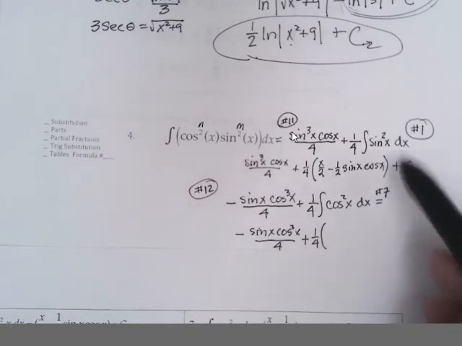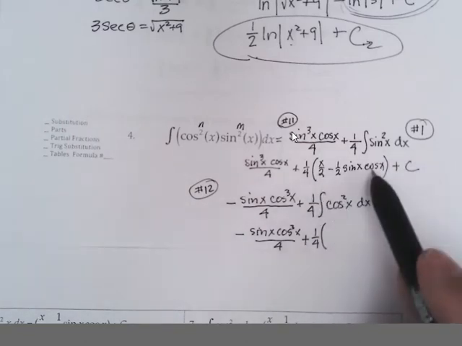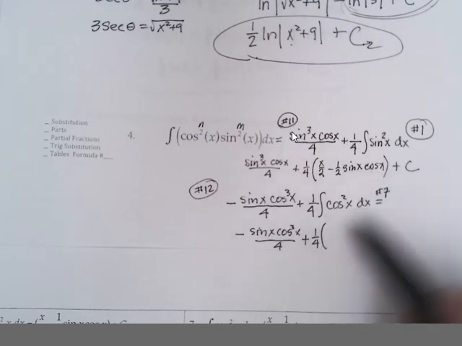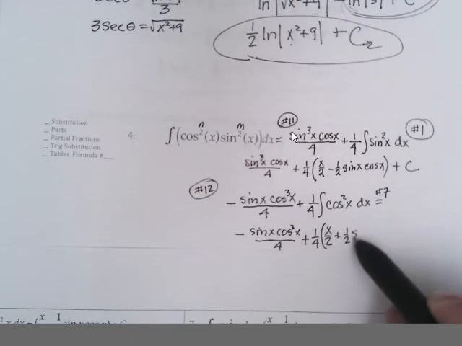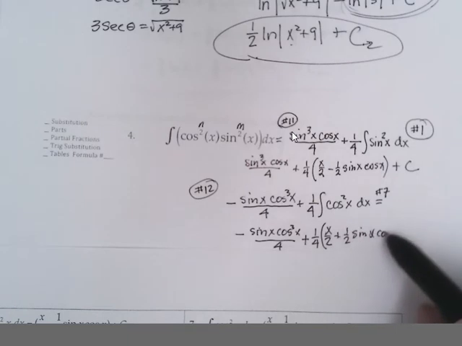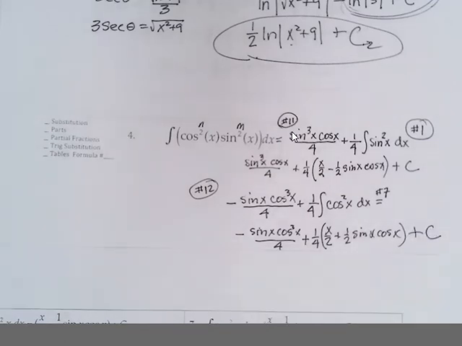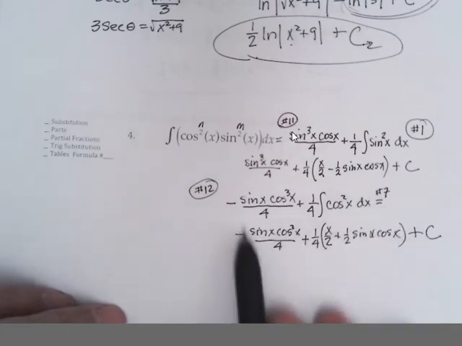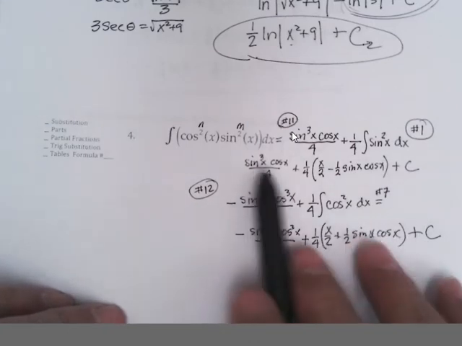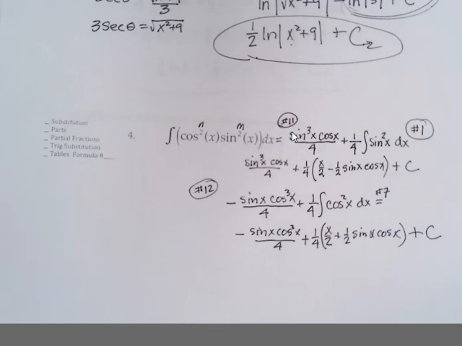In fact, it's the same as the sine squared, except now it's plus. So it's x over 2 plus 1/2 sine x cosine x plus c. And like I said, using some trig identities, you can show that this answer is equivalent to this answer. Okay, so that finishes 1 through 5.